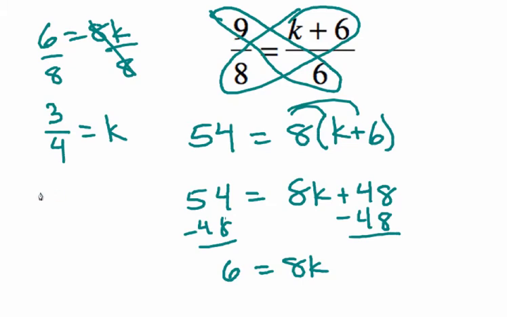So I want to talk a bit about why in this case I decided to distribute the 8, and in the previous problem I actually decided to divide by that number instead of doing the distribution. So let's review those previous two problems and why I made different decisions with the arithmetic. In the second problem we did today, the equation that we got from cross multiplication was 2 times the quantity (a minus 3) equals 40.